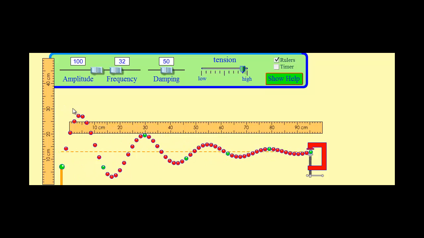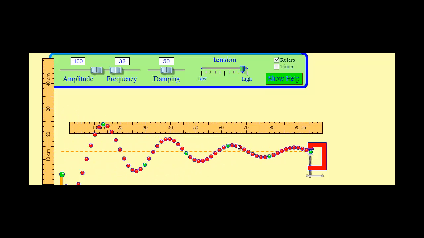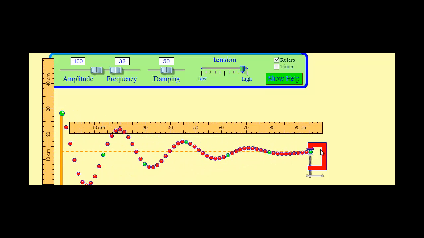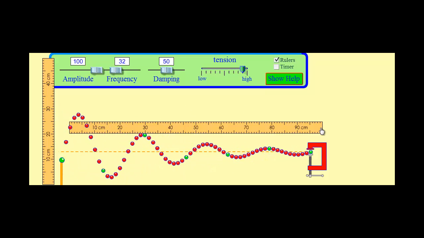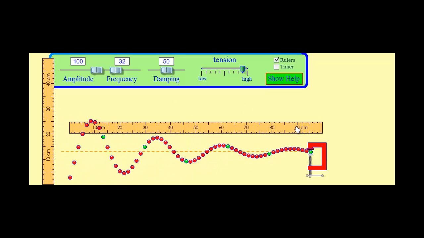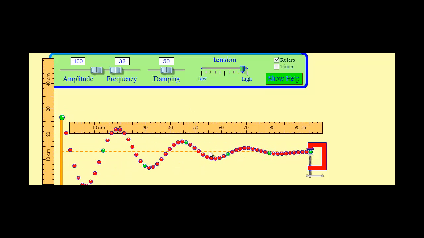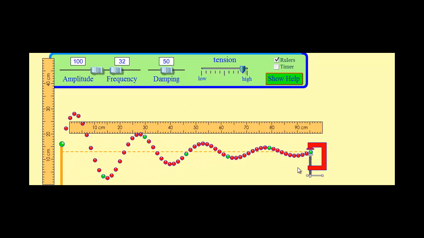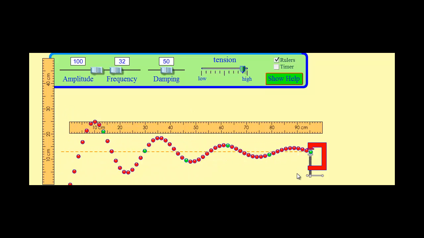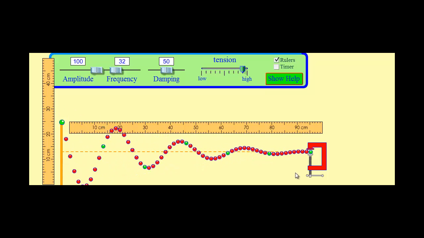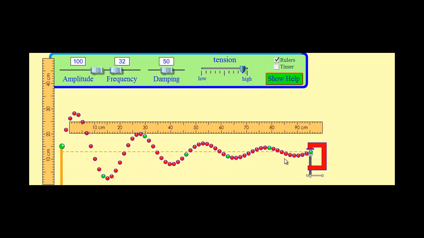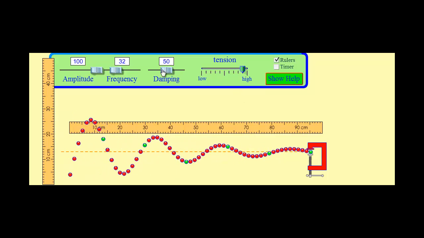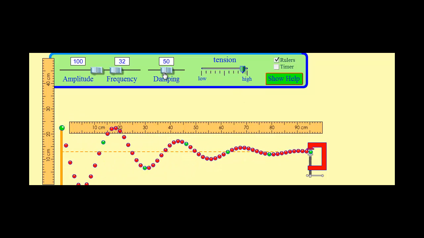Now, as you can see, the amplitude gradually decreases. This is not an ideal case. This happens because of damping. As the wave progresses, the amplitude decreases because of the loss of energy, the dissipation of energy to the surroundings. But in the ideal case, the damping will be negligible.